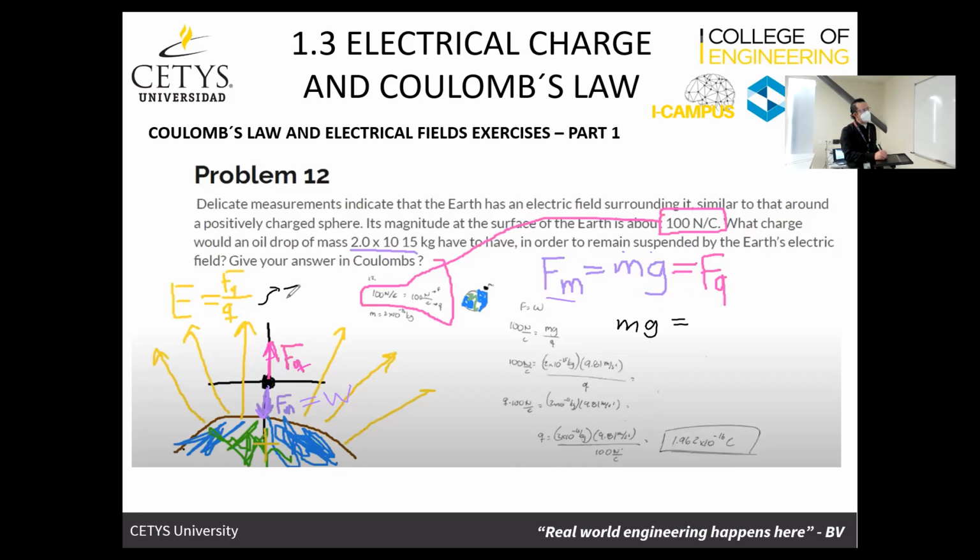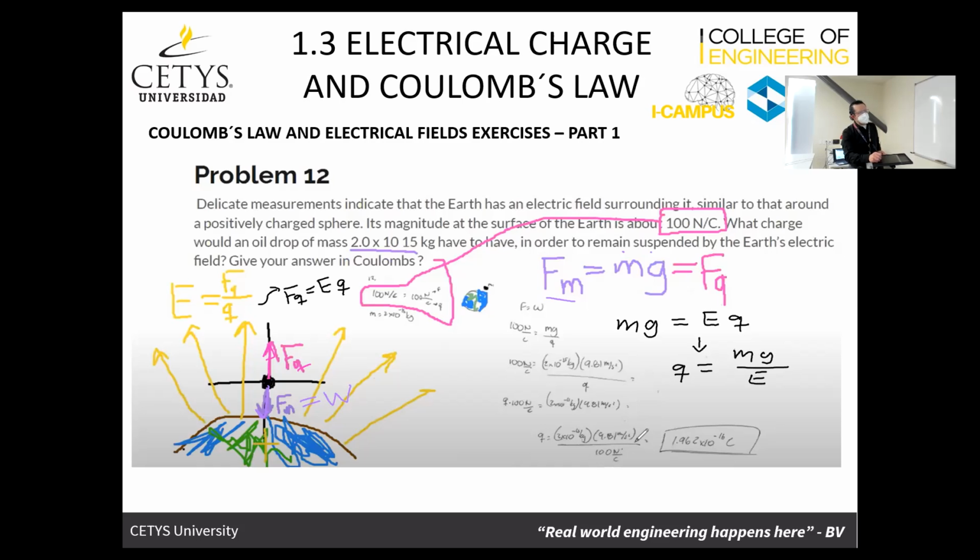This means that the force on the charge is going to be equal to the electrical field multiplied by the charge. From here, we can find that the charge is going to be equal to mass times gravity divided by the electrical field.